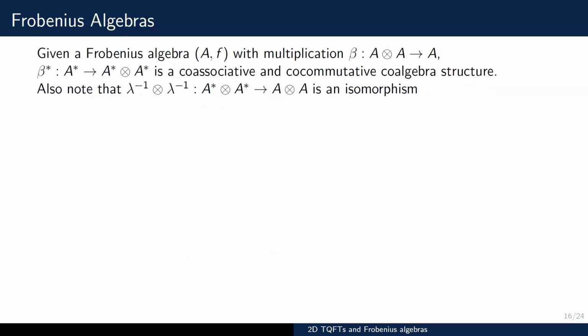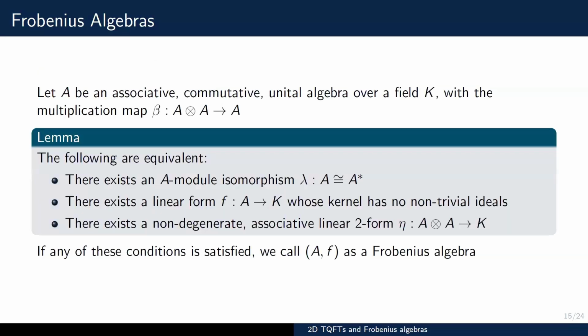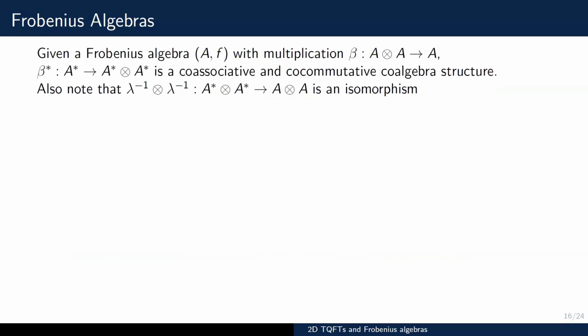So now, if we have a Frobenius algebra with multiplication map beta, we can see that the dual of this map associates to A star, that is the dual of A, a co-associative and co-commutative coalgebra structure. However, note that in the previous slide, we saw that for a Frobenius algebra, it is isomorphic to its dual.